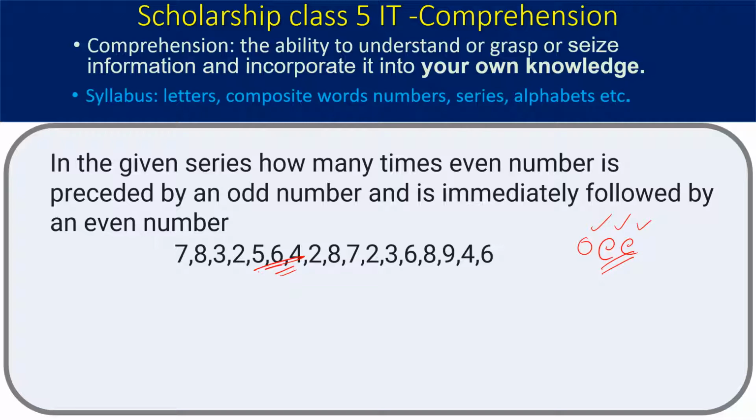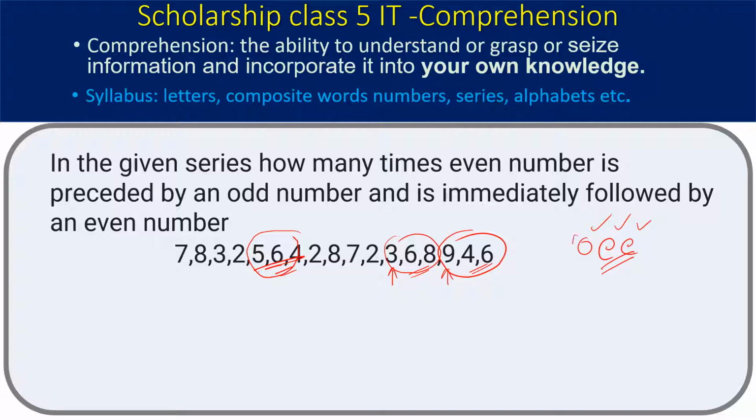Here, 6 and 8 are even numbers together, and there is an odd number just before that. And here is a set of even numbers, and here is an odd number. So there are 3 sets. One set is here, the second set is here, the third set is here.